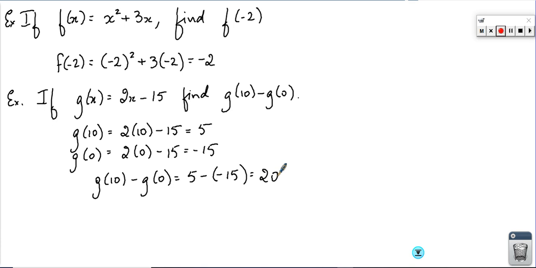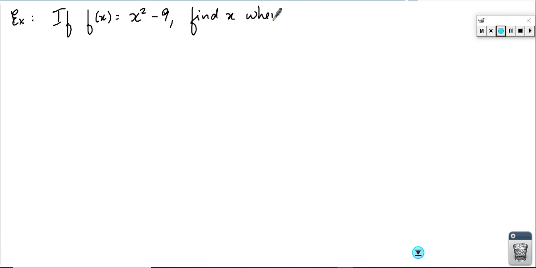Now sometimes you are given the output. Let me show you an example. For example, if f(x) is x squared minus 9, find x when f(x) is 0. Now what happened here?